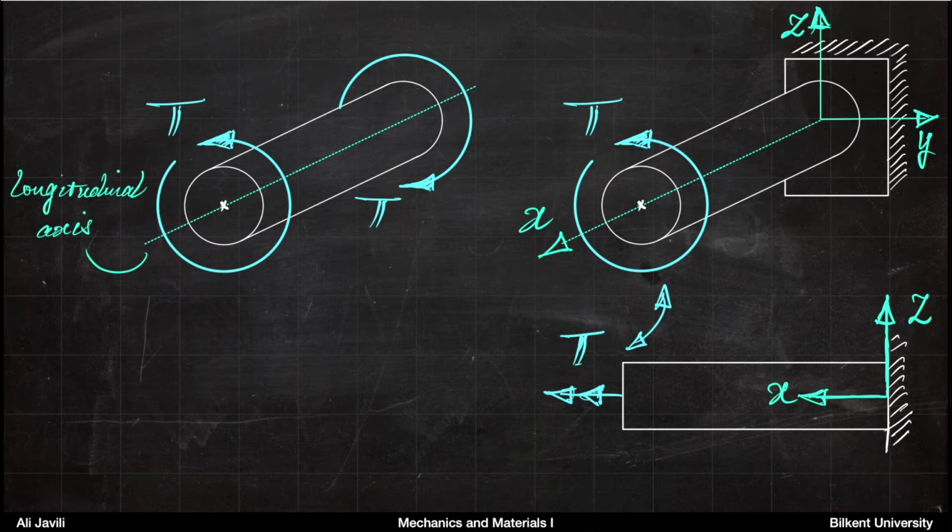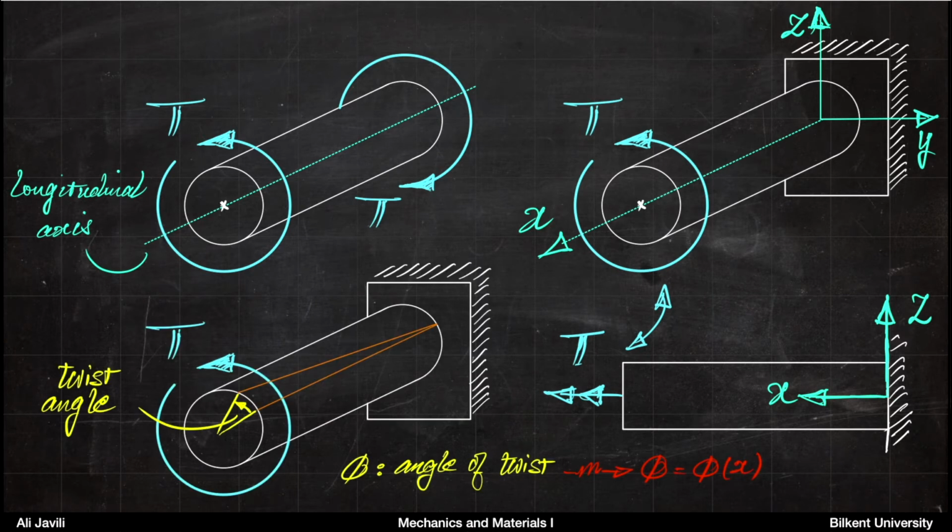And the x-axis starts from, or let's say the origin is here where it's fixed, and then the x-axis aligns with the longitudinal axis of the shaft. So you can imagine under application of the torque, you would get a twist in the member. If you look at this member now, it's going to deform like that.